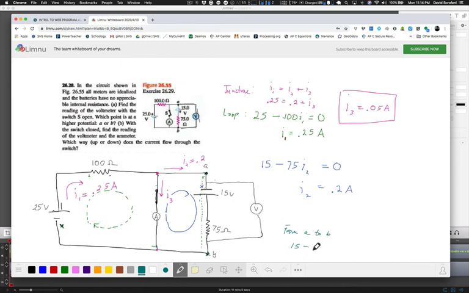So 0.2 times 75. But hold on a minute. Now wait a minute. Hold on. Check it out. That's actually 15. And then I have 15 minus 15. Wait a minute. That's actually 0. I have a 0 volt drop across from this point to this point, or from A to B.